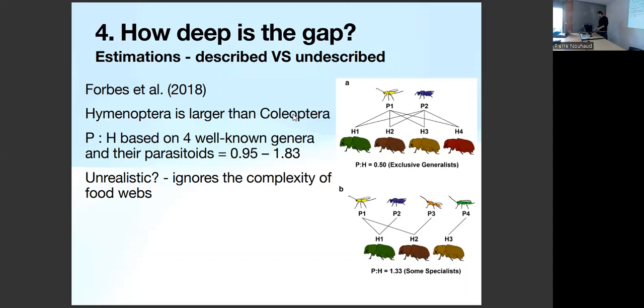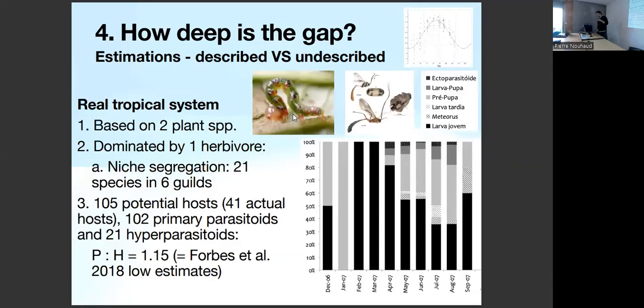Okay, so I wanted to take this opportunity to present some of my results from my PhD, in which I studied a tritrophic quantitative food web based on 2 species of plants in a tropical region in Brazil.